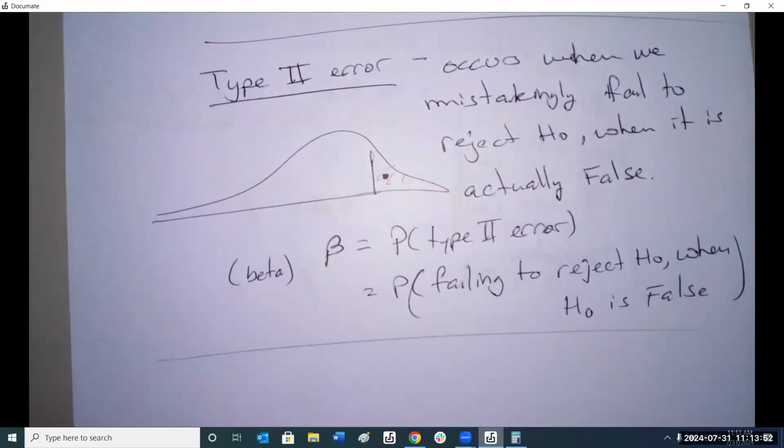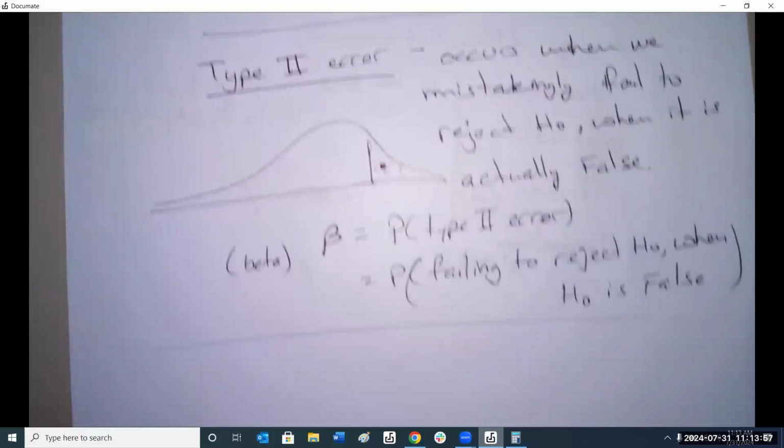It's a lot of stuff to memorize. Yeah, there is a mnemonic for it.